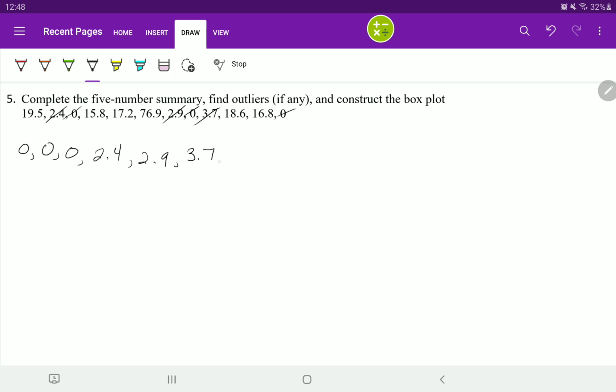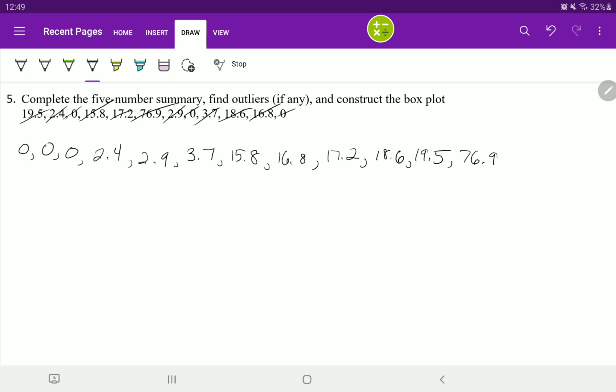Then I see 15.8. 16.8. 17.2. 18.6. Make some more space. 19.5, and then 76.9. And I guess we can determine which one is already the outlier.